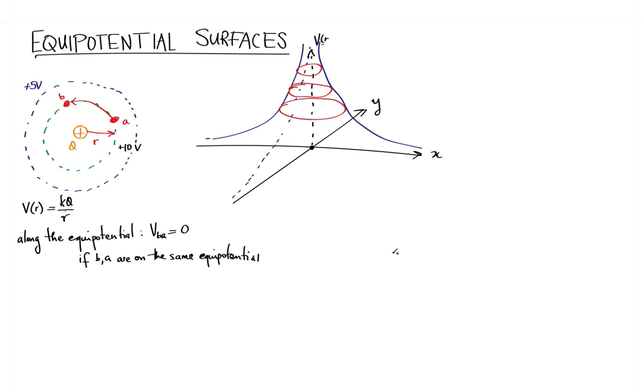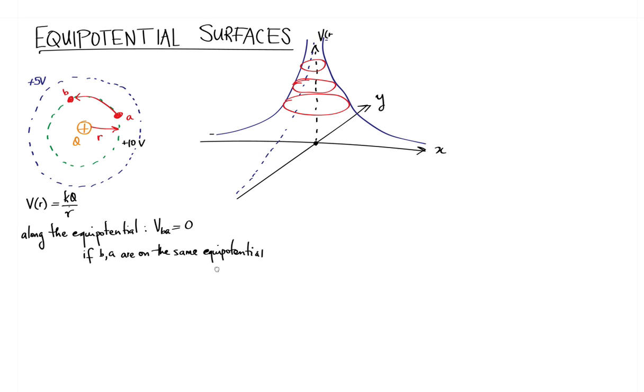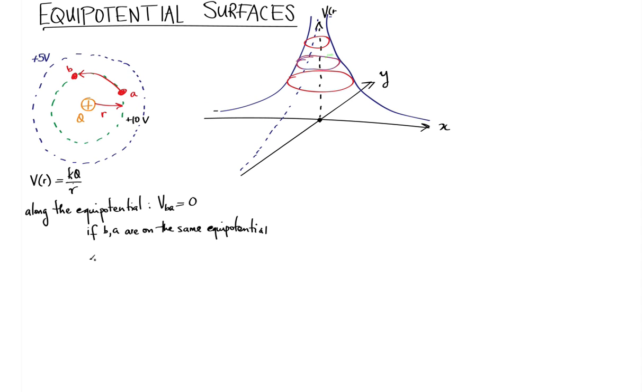All right? So another thing that's interesting about equipotential surfaces, so again, I'm just going to change the color here. On an equipotential, where B and A are on the same equipotential, we just said V_B minus V_A is basically minus the integral of E dot dl.